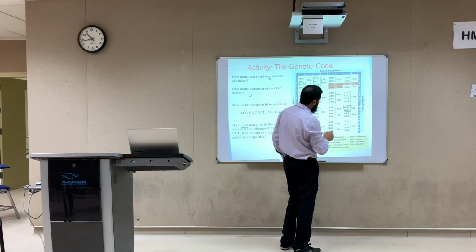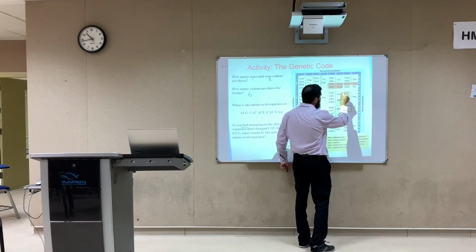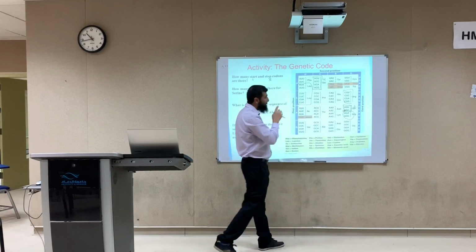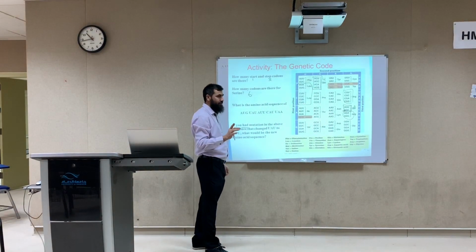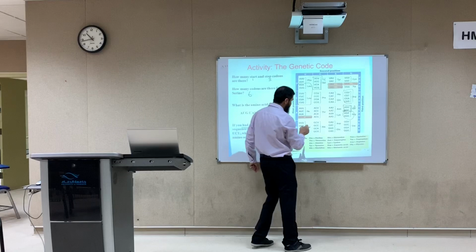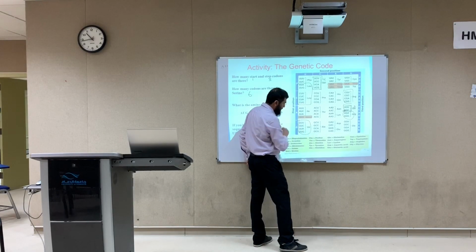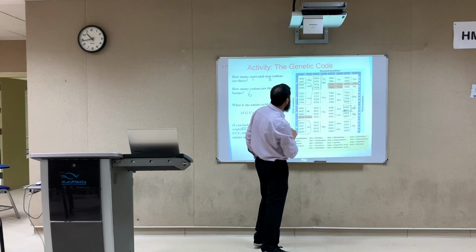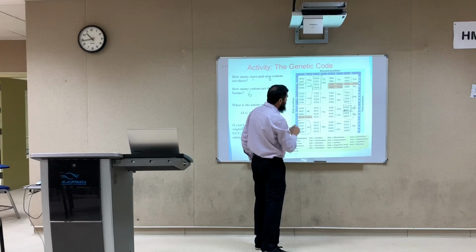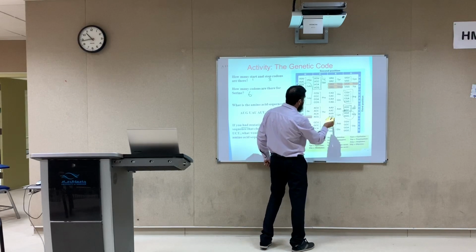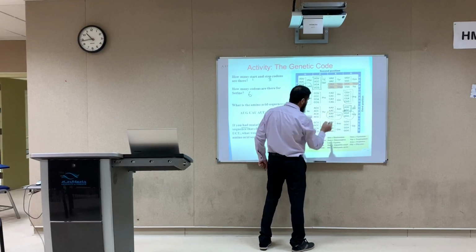So does every amino acid have 6? No, some. It depends. If you have a look at valine, I think it's 4. Some have only 2. If you have a look at lysine, it's 2.